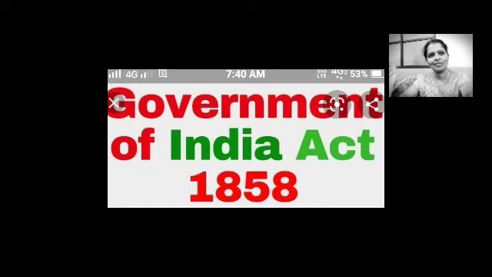So next one is Indian Council Act of 1892. This act further extended the participation of Indians in the legislative bodies. The number of additional members in the regional and central legislative bodies was increased.